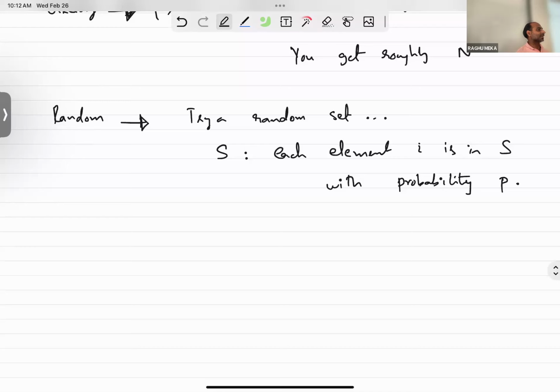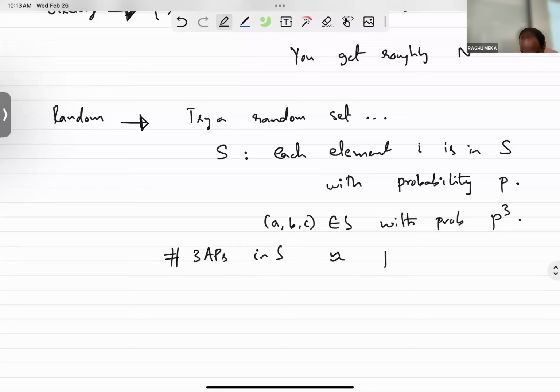So we have roughly n squared 3APs, and we have to miss all of them, right? Given a specific triple a, b, c, it belongs to S with probability p cubed, because each element should be present in S independently, and the probability that all of them are present is p cubed. So roughly speaking, the number of 3APs in S is going to be p cubed times n squared.